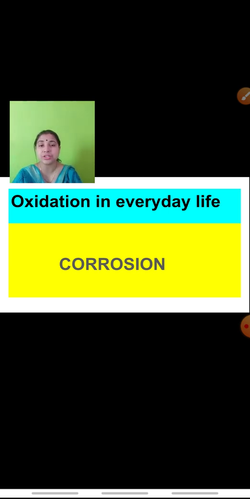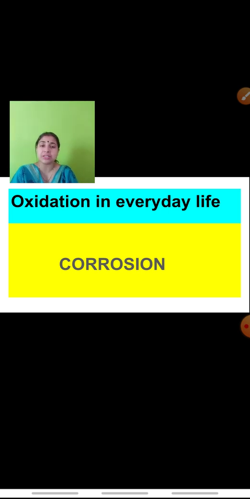In the presence of moisture, the iron outermost surface reacts with atmospheric oxygen and a reddish brown fluffy layer is deposited on the iron article. But the strength of iron decreases in this process. It is called rusting of iron.